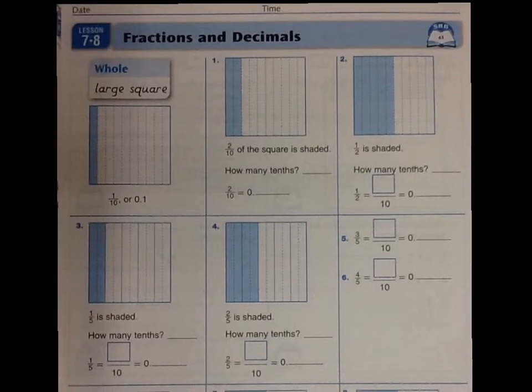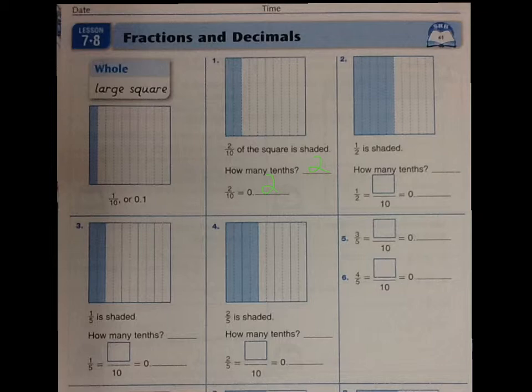So let's take a look at number 1. It says 2 tenths of the square is shaded, and we can see that right here. How many tenths? We just said that. 2 tenths are shaded. And then what would I need to fill in for my decimal? Correct. 0.2 or 2 tenths.